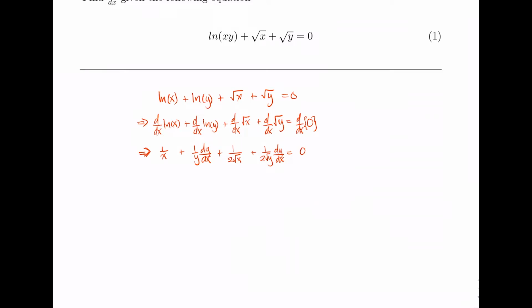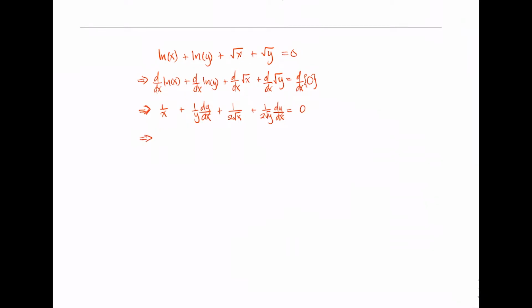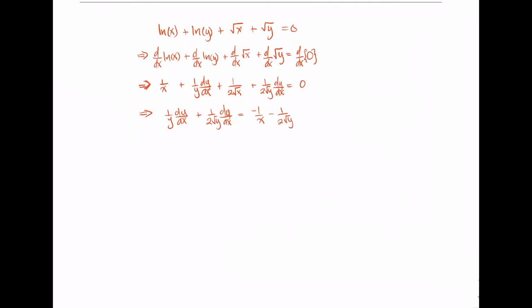equals 0, the derivative of 0, which then simplifies down to 1 over y dy/dx plus 1 over 2 square root y dy/dx equals negative 1 over x minus 1 over 2 square root y. Factoring out dy/dx out of the expression on the left then gives us dy/dx times (1 over y plus 1 over 2 square root y) equals negative 1 over x minus 1 over 2 square root of y.